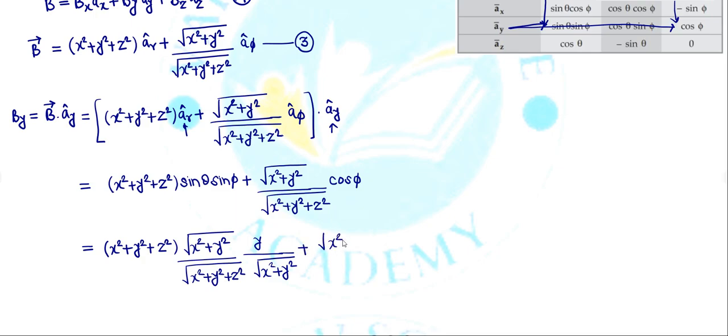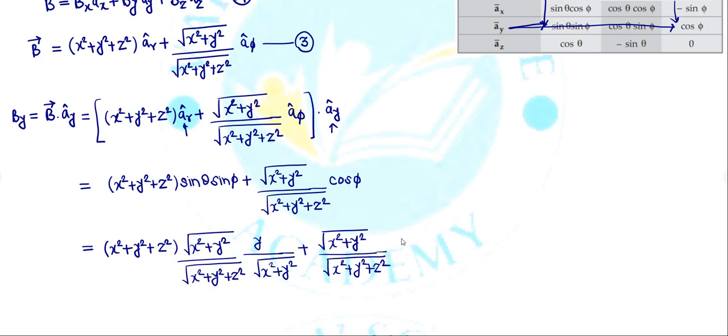Bracket will be as it is. So square root of x square plus y square will be as it is, divided by square root of x square plus y square plus z square, times cos of phi. So what is the value for that cos phi?